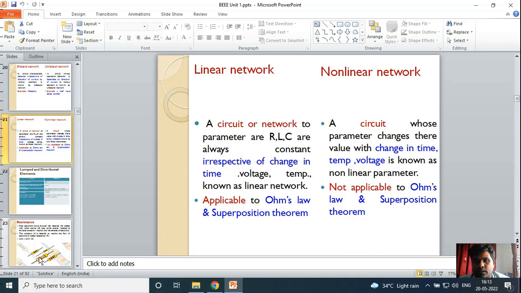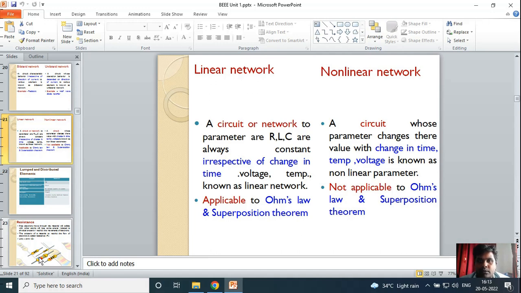Ohm's law and the superposition theorem are applicable. In a non-linear network, circuit parameters change their value with change in time, temperature, voltage. Superposition theorem and Ohm's law are not suitable for non-linear networks.